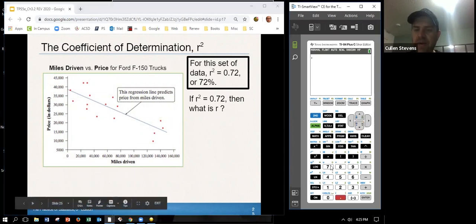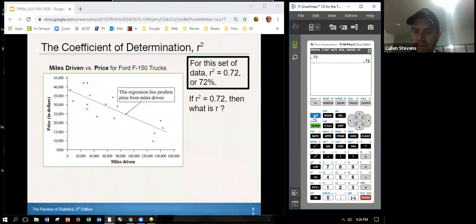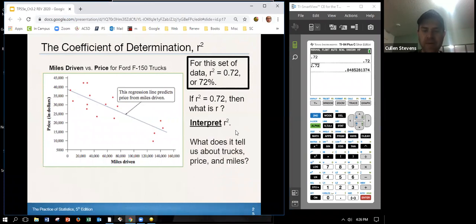We'll just take the square root of 0.72. There we go. All right, so there's my R, about 0.84. Okay, so that's pretty easy, just taking the square root.